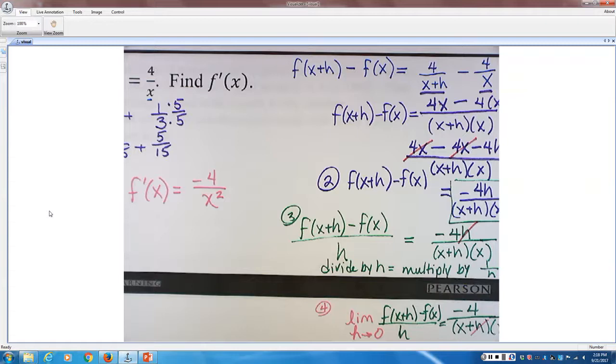Okay? That's probably the hardest one. That's why I wanted to go through the whole 4 steps with you piece by piece. Anything that's a fraction is always harder than any of the others.